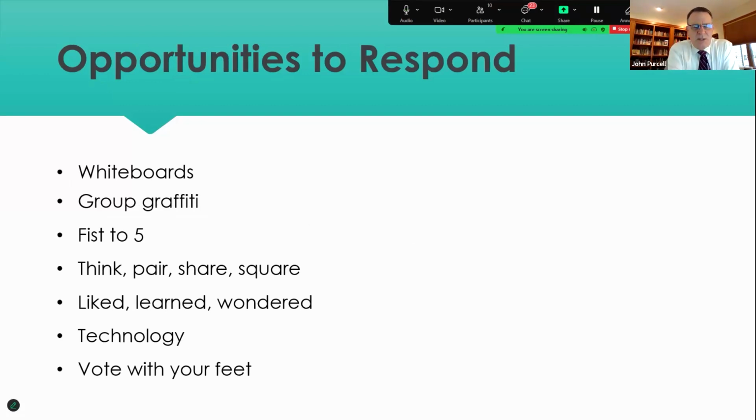Opportunities to respond. Sometimes you hear it as OTR. There are a lot of ways you can do that. Again, same as with reading, mathematics, and with behavior, the other two behavior games that we've talked about, it's teaching students how to do it, how to respond.